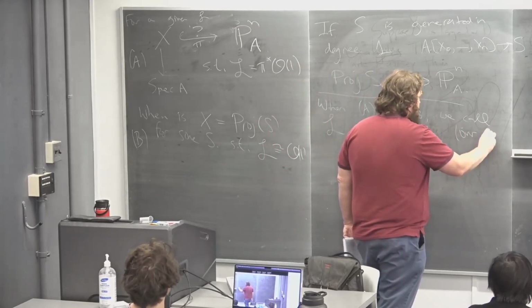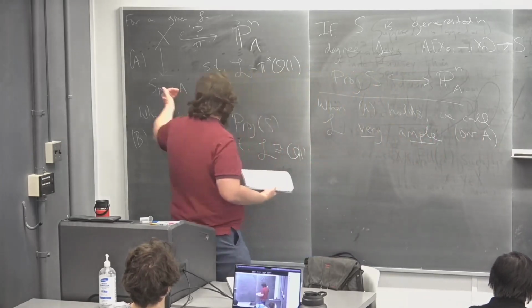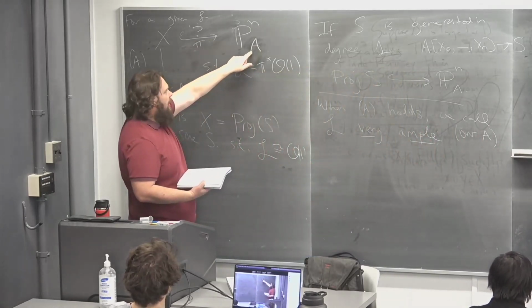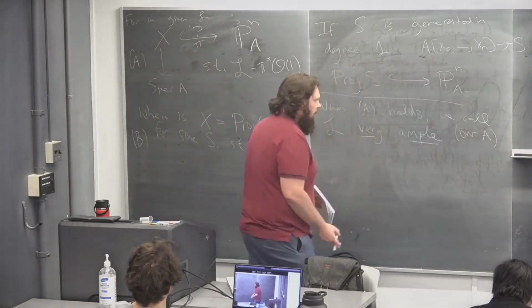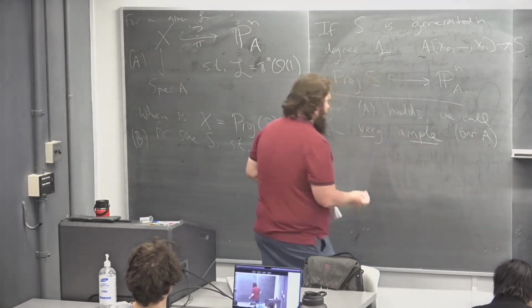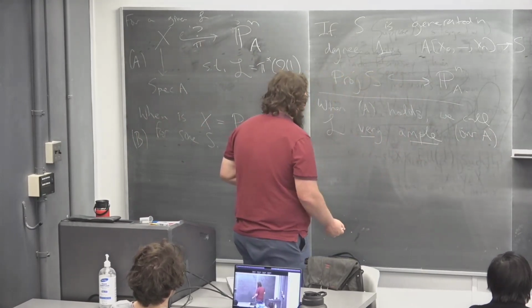And since this base ring is making an appearance here, I'm looking at the projective space over A. It's also showing up in here. That's part of the story, that it's over the space.